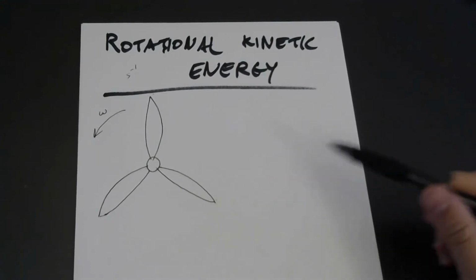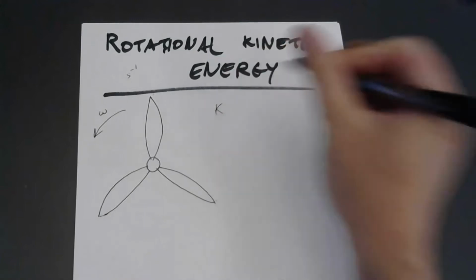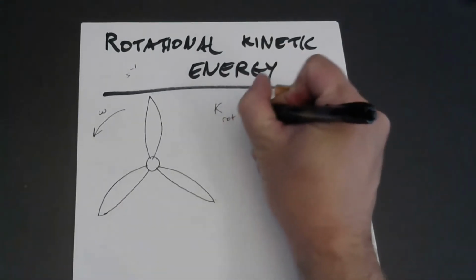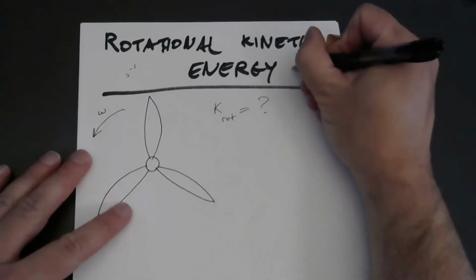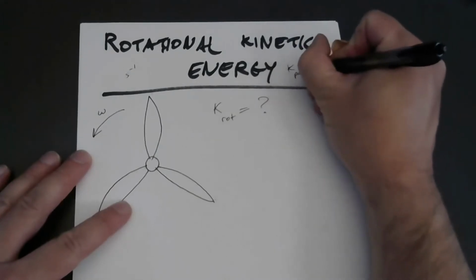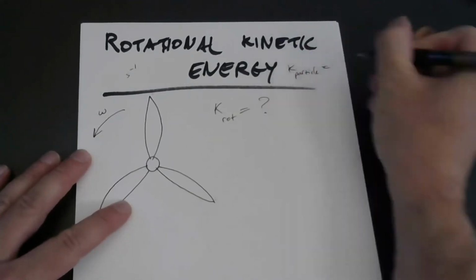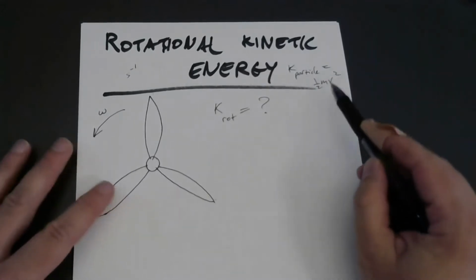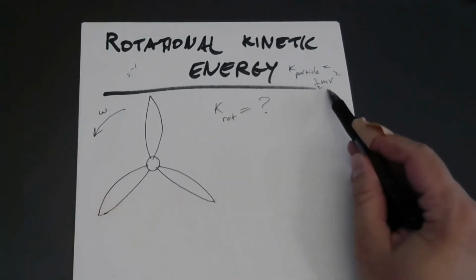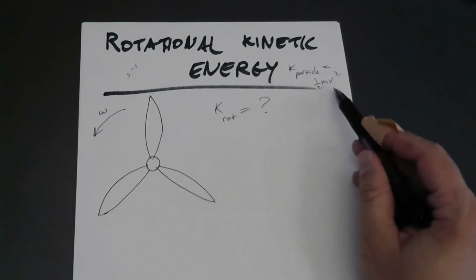And what we're interested in finding is the total kinetic energy associated with this rotating propeller. Because we know that the kinetic energy of a particle, K particle, is 1/2 mv squared, where m is the mass of the particle and v is the speed of the particle.